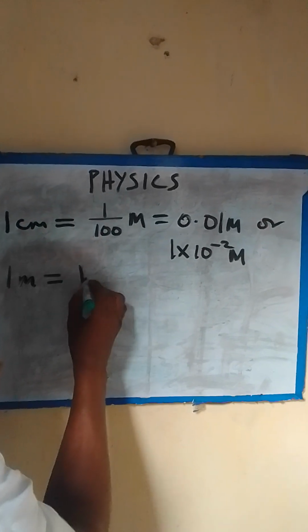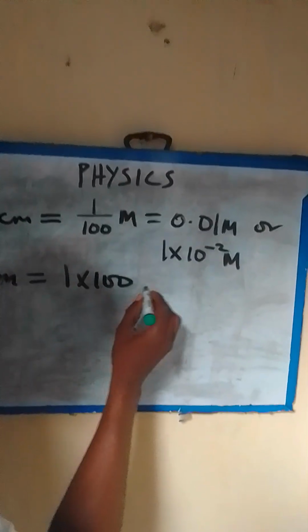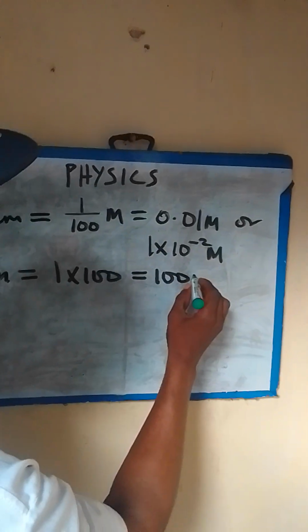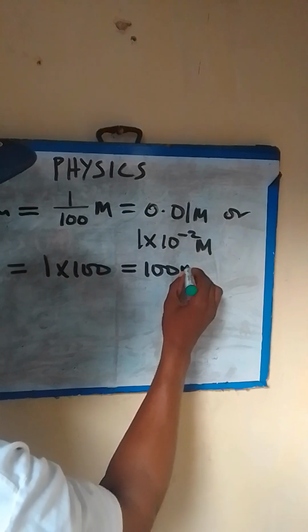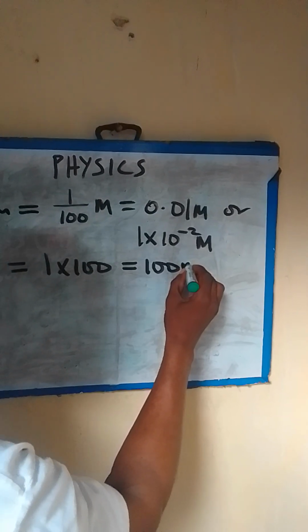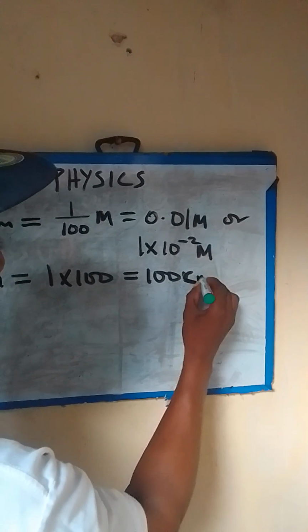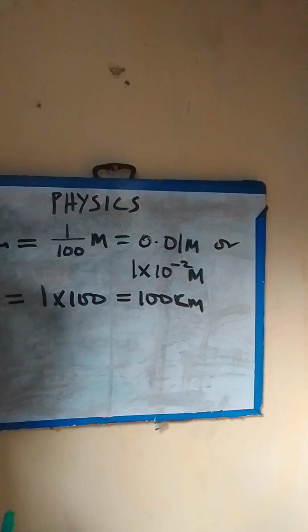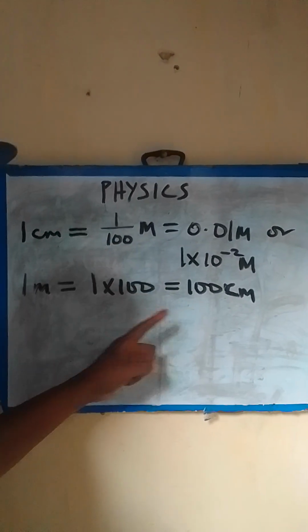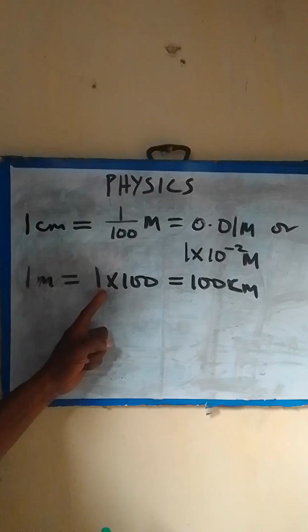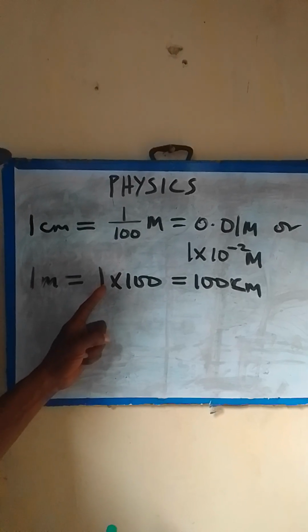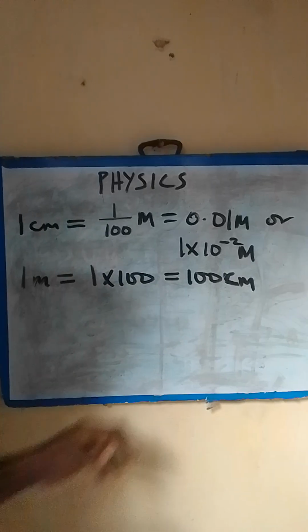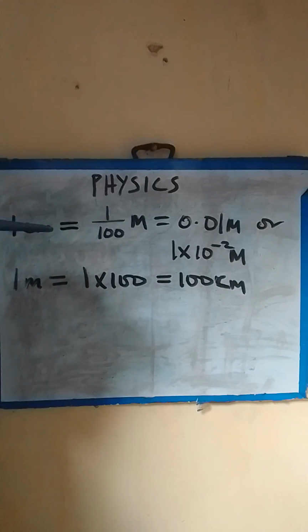We are going to have 1 times 100, which will give you 100 centimeters. So to convert meters to centimeters, you multiply the value in meters by 100. It will give you the value in centimeters, as you can see here on the board.